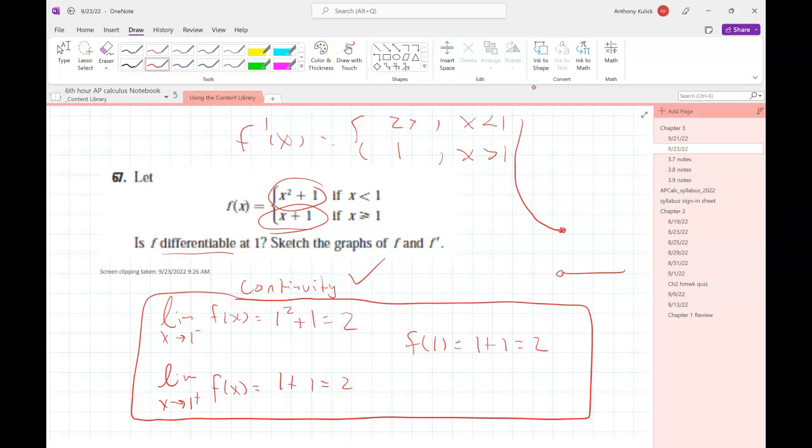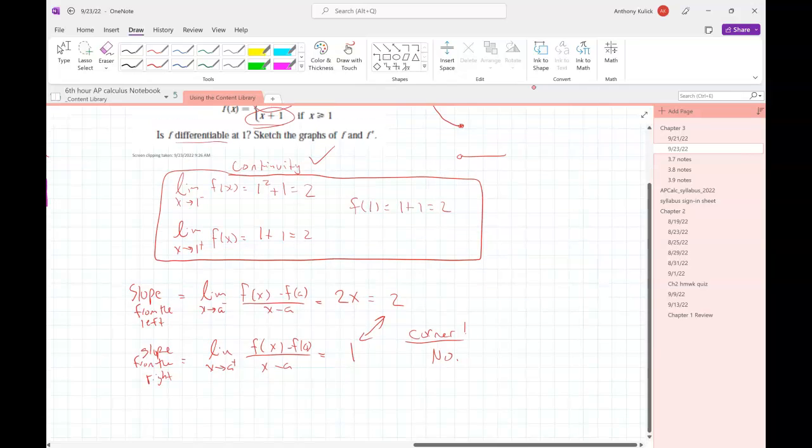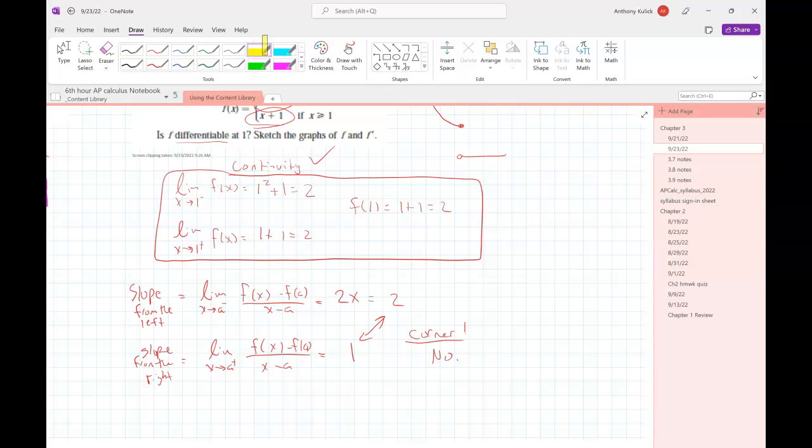Great question. Jack, you had a follow-up on here? Yeah, I'm just clarifying. For the second part, you're taking the derivative of the original function, right? Yes, I'm just looking at f of x. Oh, okay. For some reason, my brain thought you were taking the derivative of f of x minus f of a over x minus a. Oh, well, this is just the notation for the slope from the left. I wrote it in words, and then I wrote it symbolically, because I can imagine this gets slotted into an AP question, and you have to recognize that all they're talking about is the slope from the left.